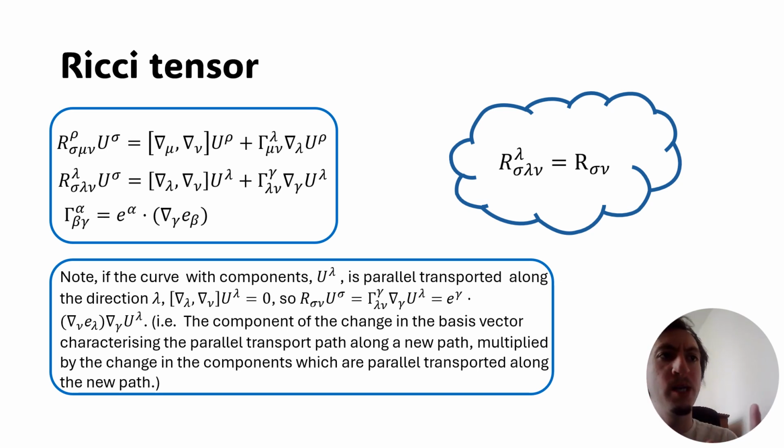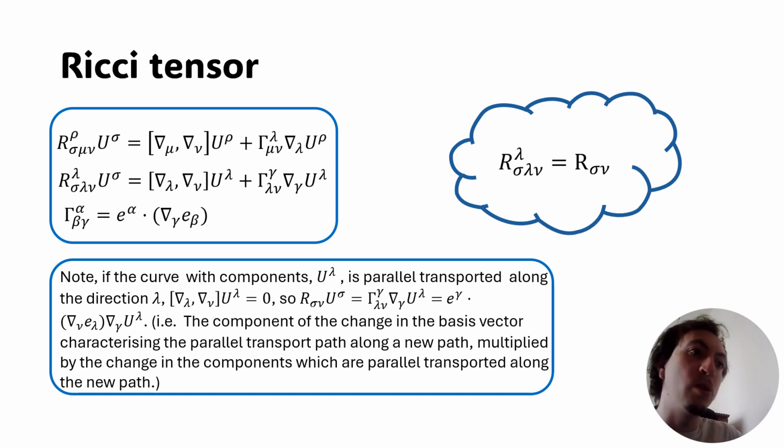So it's kind of looking at how parallel transported things wouldn't remain parallel transported if we picked a different path. That's the bulk of it. And it's given by essentially the product of the change in the basis vectors along, well, that governs the parallel transport path along a different path, and the change in the components of a vector across the parallel transported path when we shift it to a non-parallel transported path.